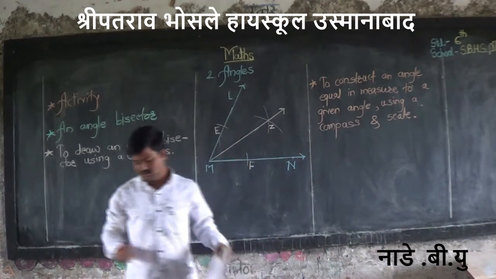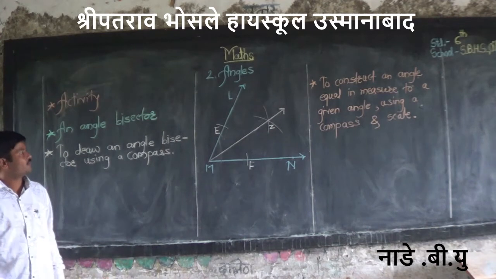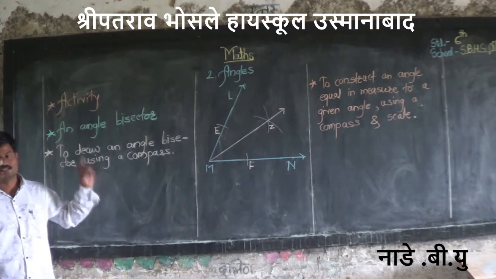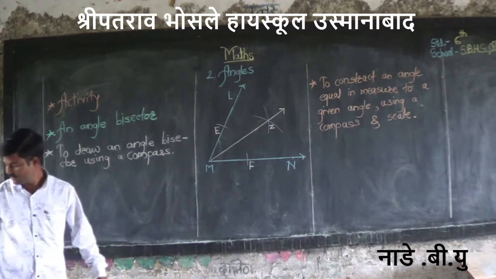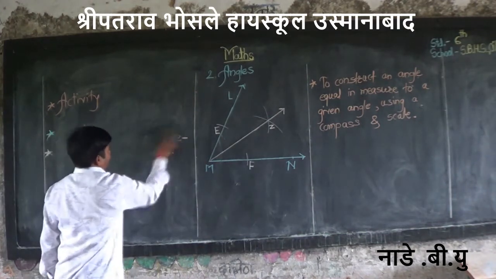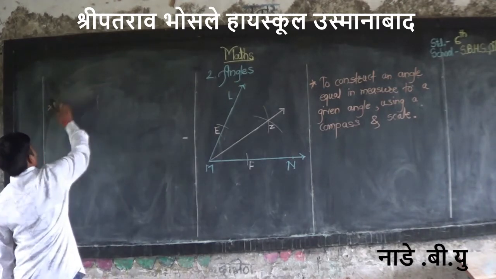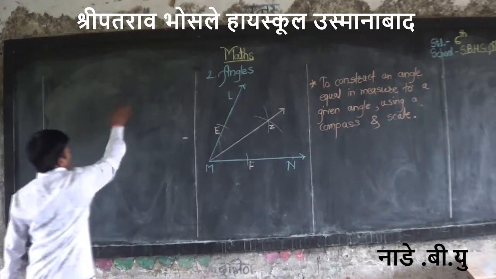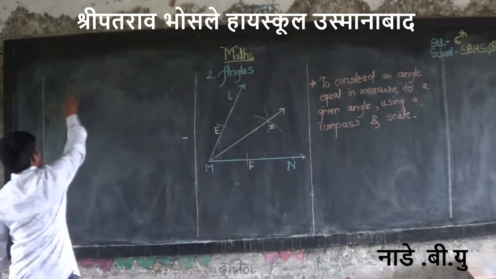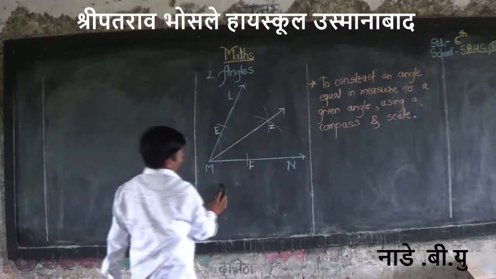Now we see the next subunit or concept in angles. In a question paper, an angle is already given and we construct an angle of equal measure to the given angle.